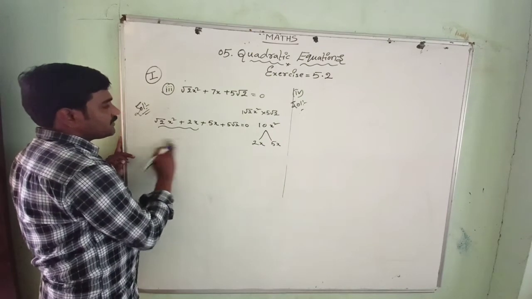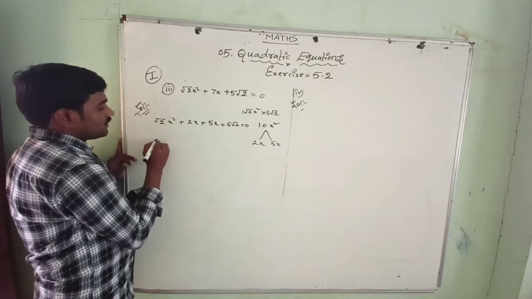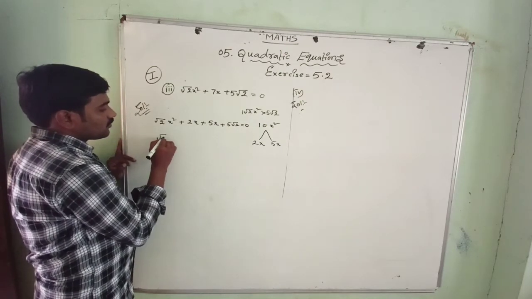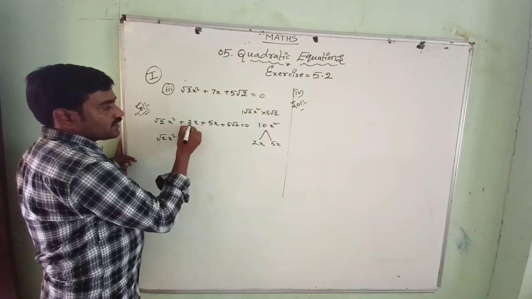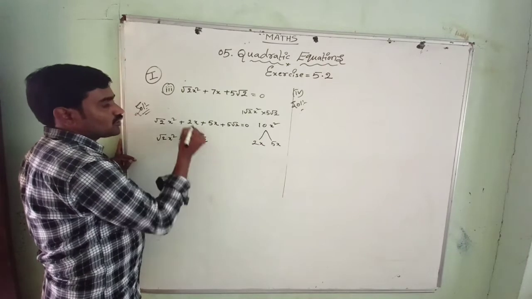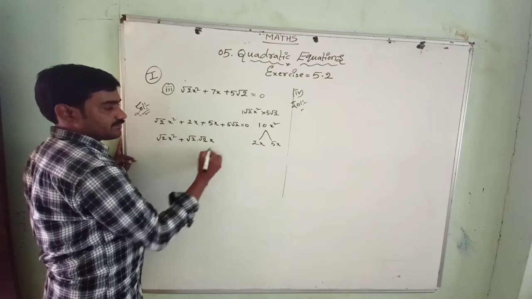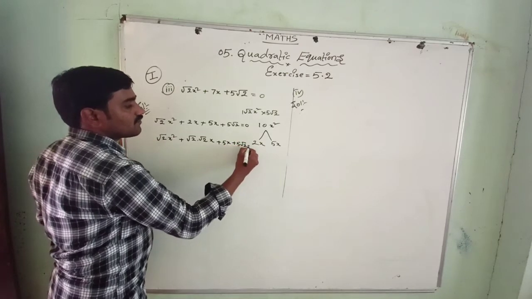Then what do we do? Let me go for a small thing. Here we write √2x² + 2x, where this 2 I will write as √2 × √2, since √2 × √2 is 2, plus 5x + 5√2 = 0.